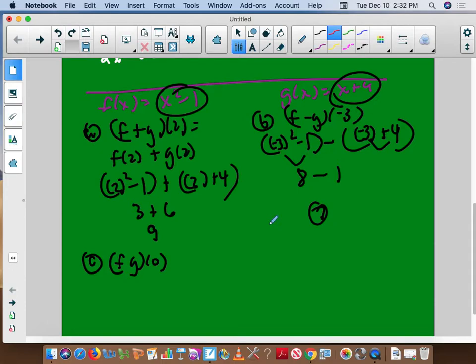But y'all may remember me telling you my Algebra 2 teacher, Miss Hodge, she made us write a whole line like this. This is f of 0 times g of 0. I remember I used to get so mad trying to finish my homework because she would make us go f of 0 times g of 0.